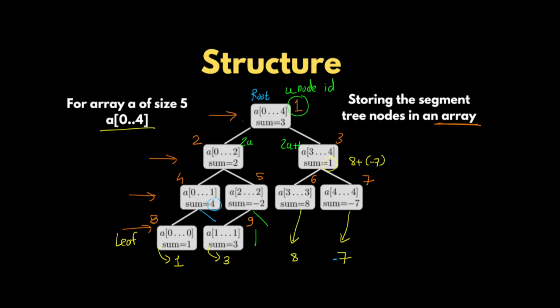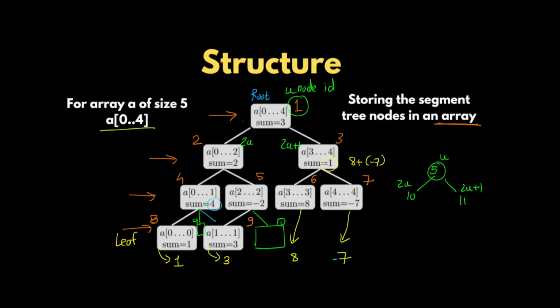So if you look at 5 here, the children would have been the new nodes 10 and 11. So the left node will be 2u, and the right node will be 2u plus 1.